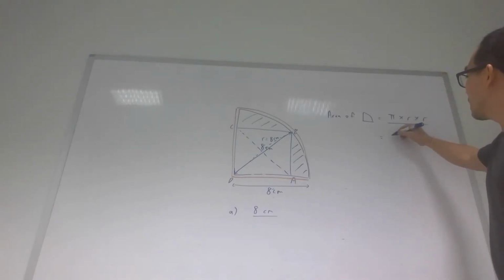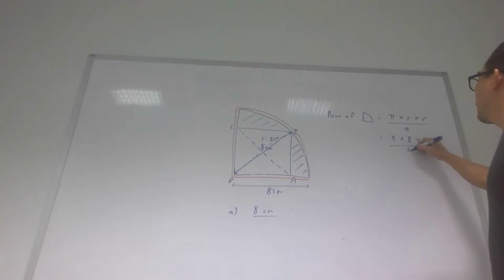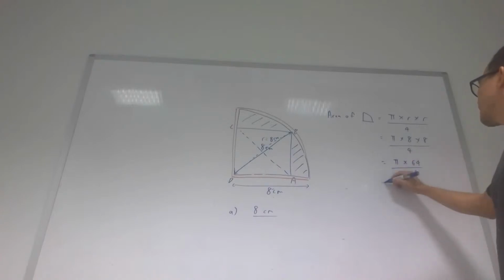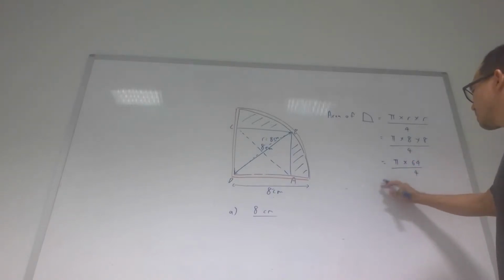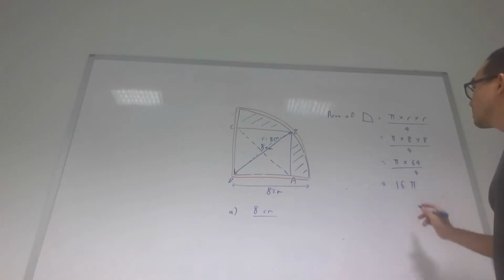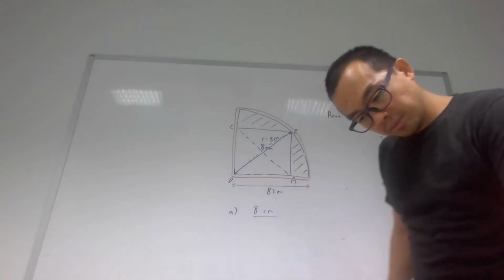So this is pi times, what's the radius? 8 times 8 over 4 equals pi times 64 over 4. And 64 divided by 4 is 16. So this thing is 16 pi.